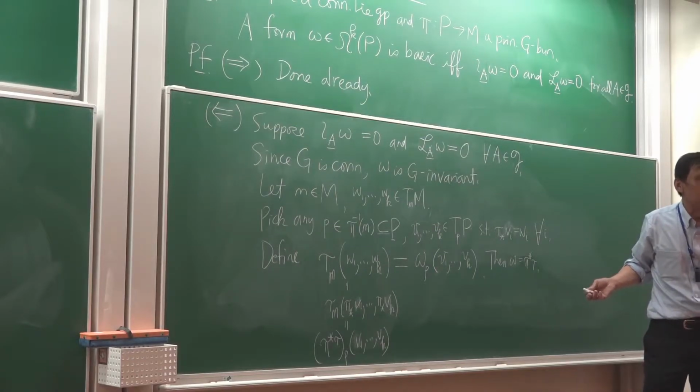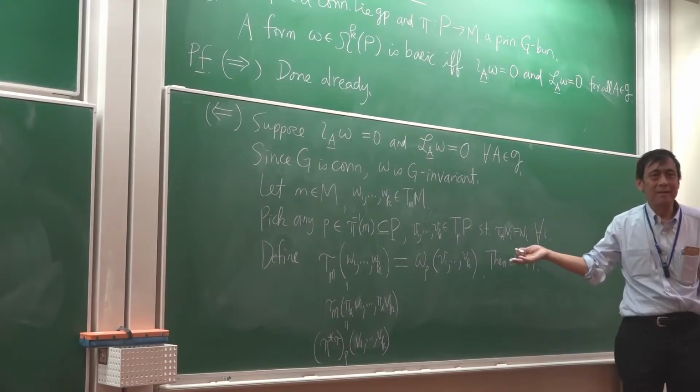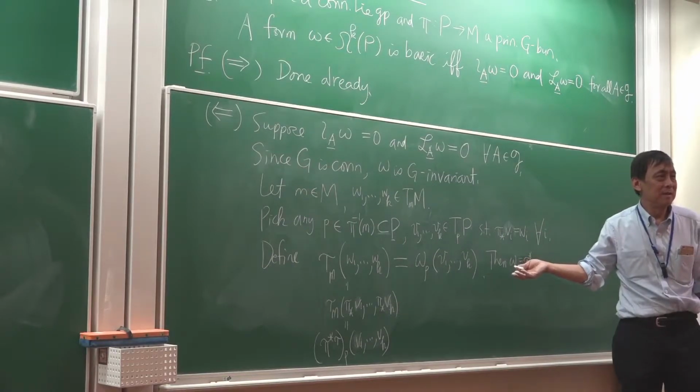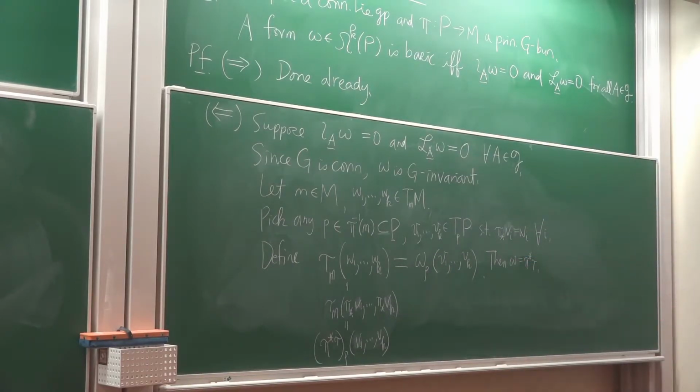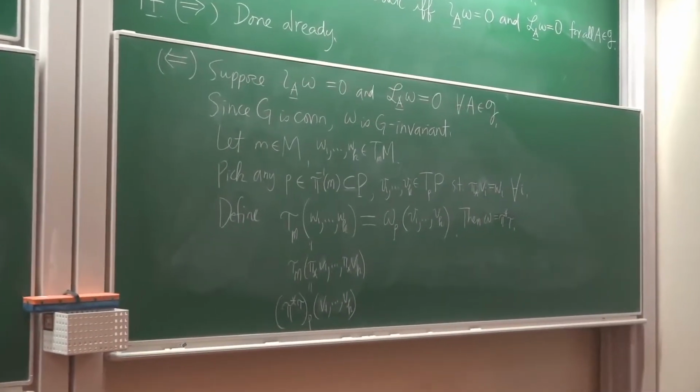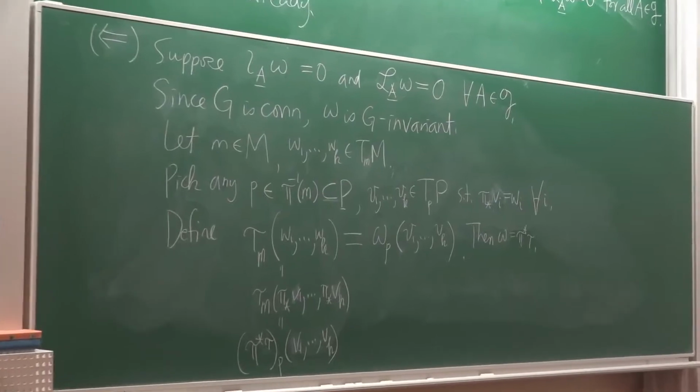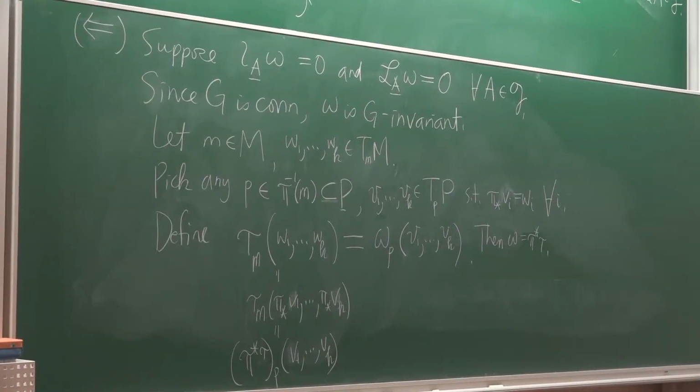Okay. Now, can I stop here? Am I finished? Let's say if you were me and you were grading this proof, would you give this 10 out of 10? So why not? You didn't use that two condition.